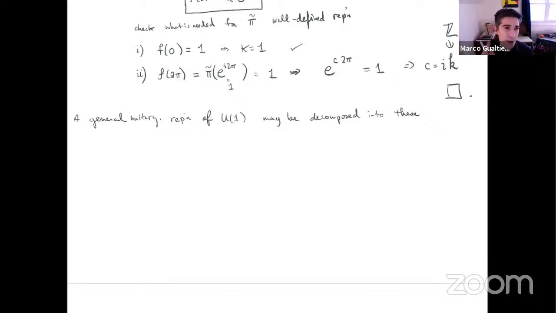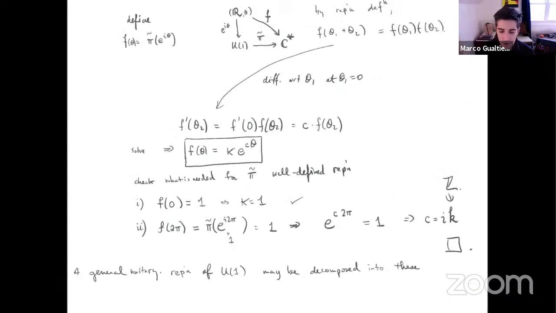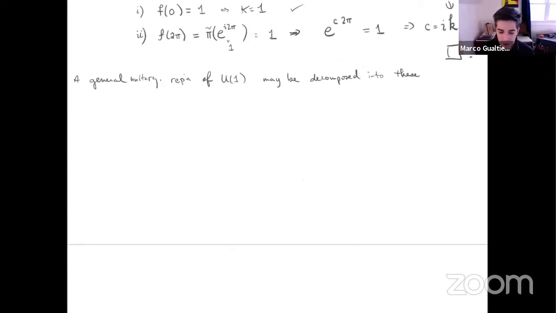You could easily find that just by picking a vector and looking at how the U1 action spins it around, and that will give you a one-dimensional subspace. Then take its orthogonal complement, and just iterate that process. But based on this, we see that a general unitary representation can be decomposed into these.